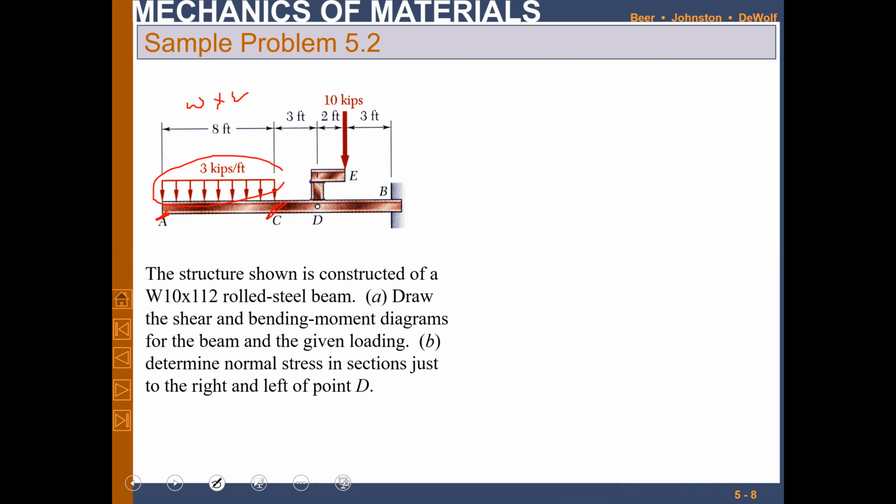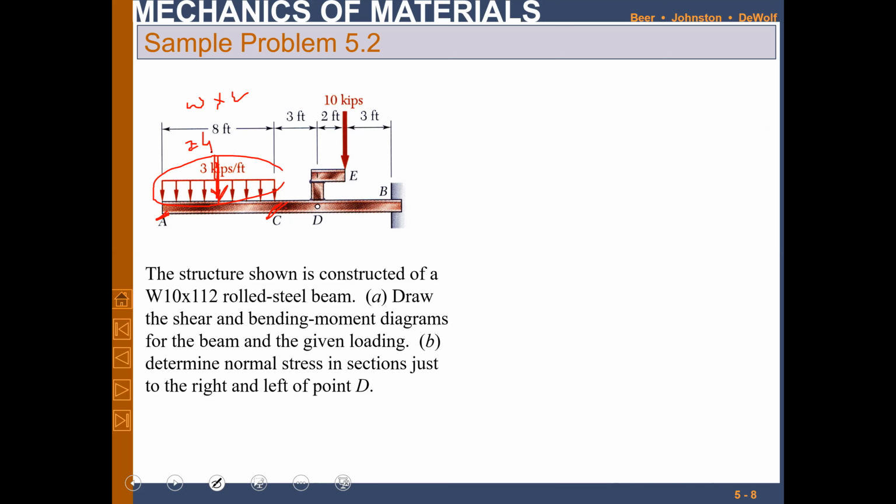For statics, this is a very critical point to understand over here. Whenever you have a uniformly distributed load, for statics only, you assume that this 24, the maximum load, 3 into 8, is applied in the middle of this. So it will be 24.